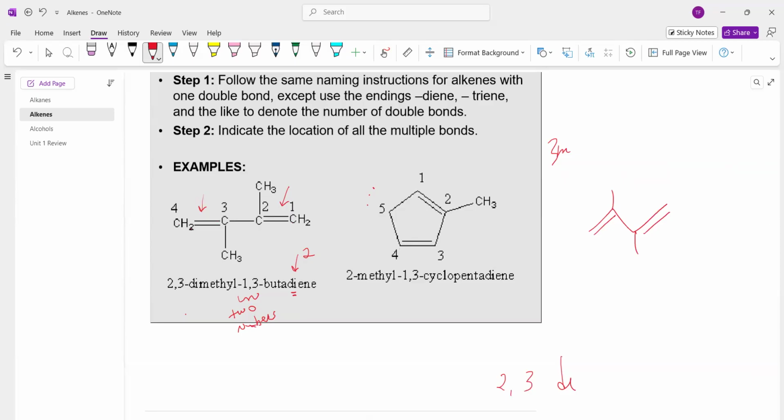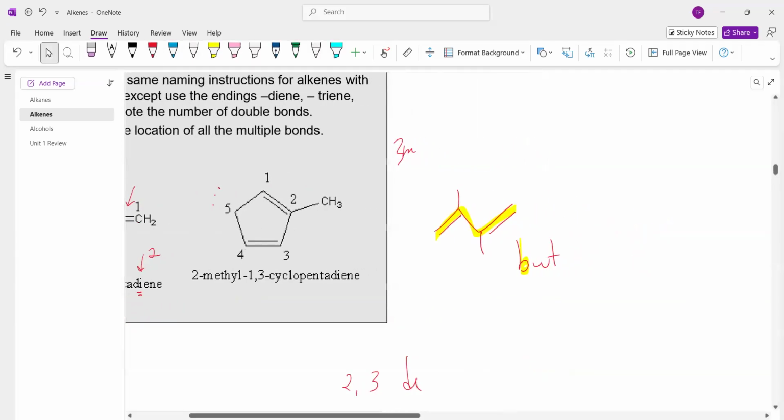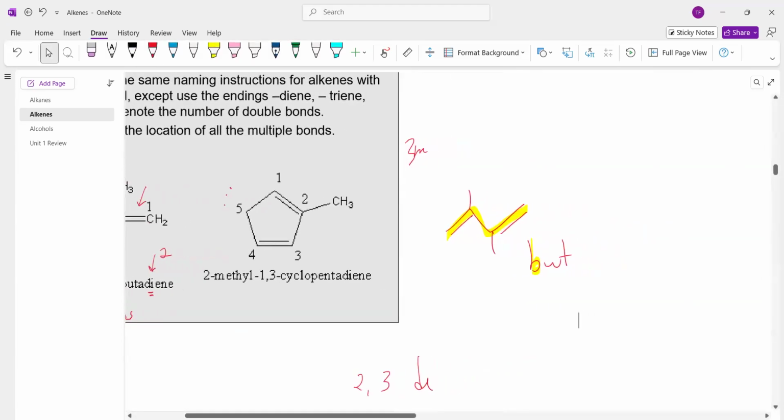Okay, first thing is identify the backbone. So it's 1, 2, 3, 4, so it's going to be a butane, and double bonds, and there are two double bonds, so we're going to go diene.